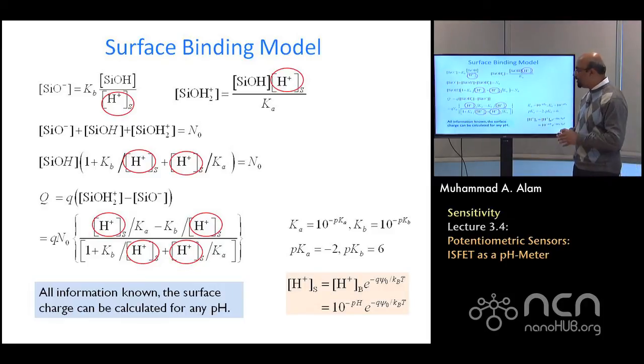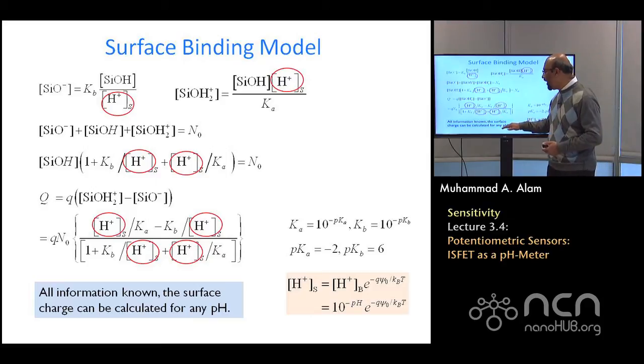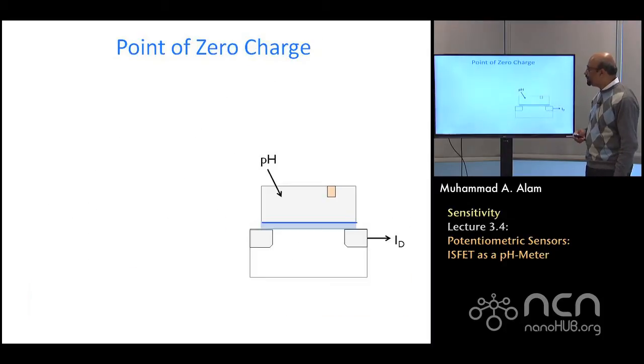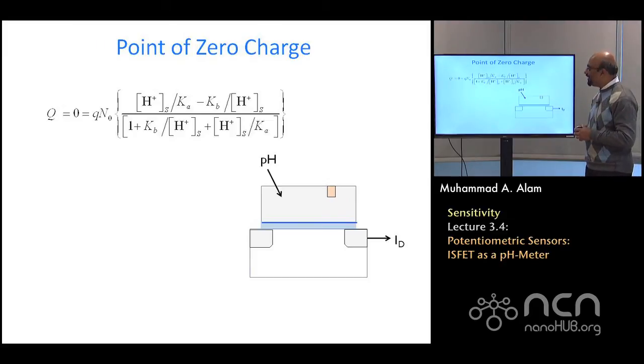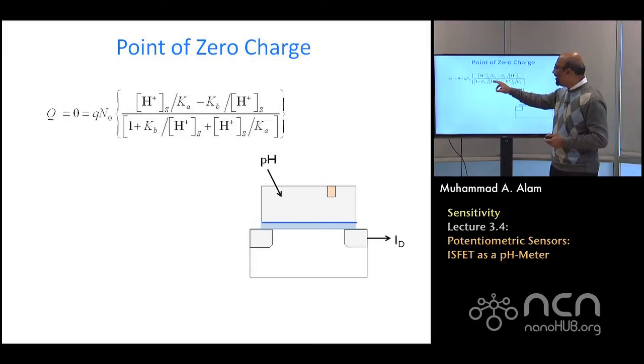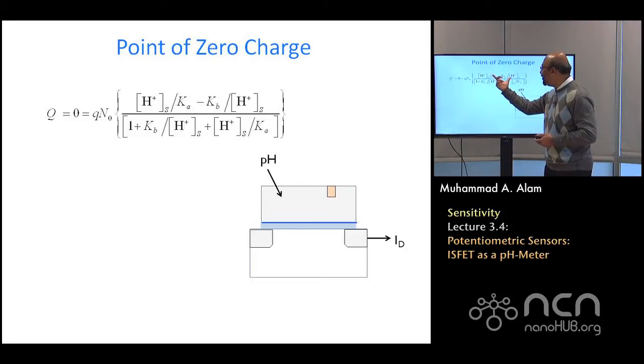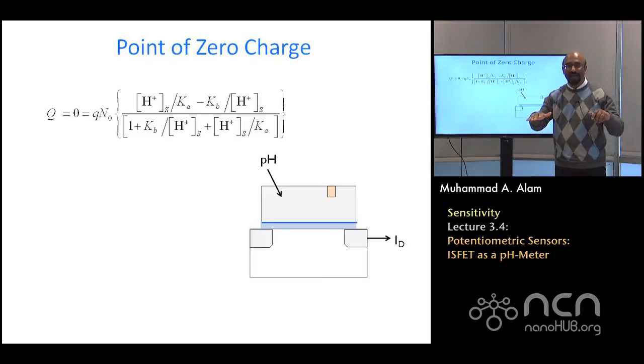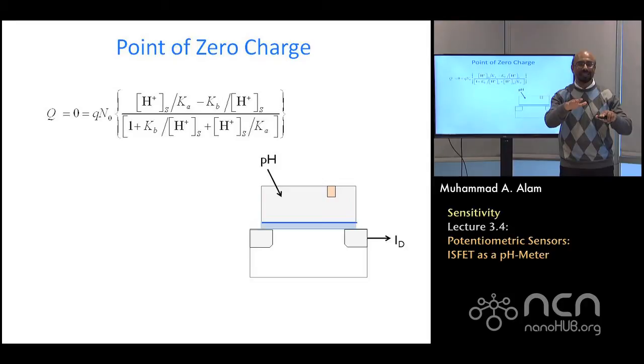So all the information is known in that sense to the 0th order, and therefore we can calculate the charge for any given pH. Now it's very interesting that this charge depends on the pH value itself, and there is a point where this can become 0. So there is a pH value where the numerator can become equal to 0. Although the surface has lots of dangling bonds, OH groups, at some point the positive and negative will nicely balance.